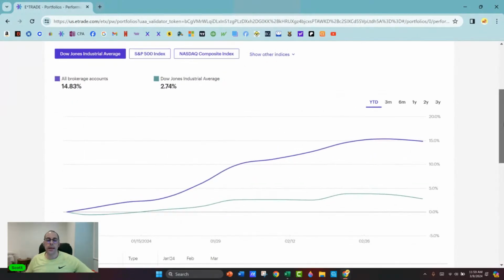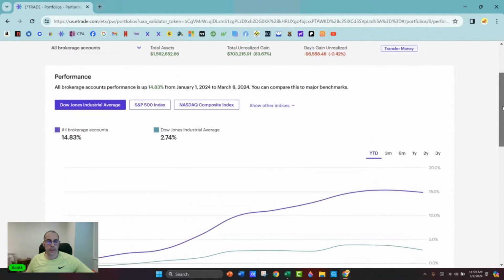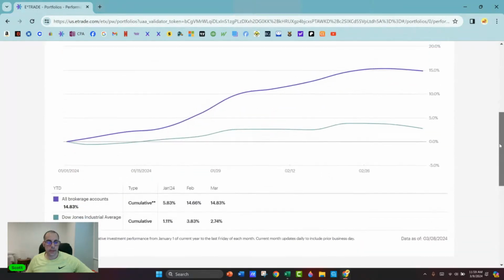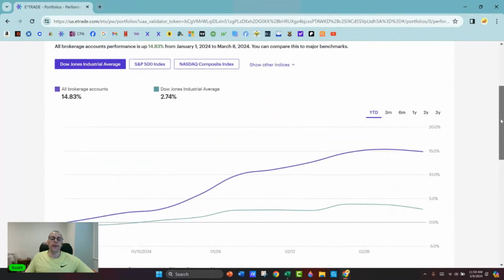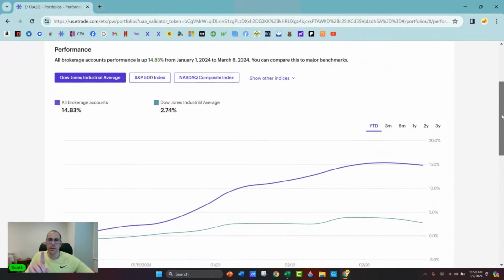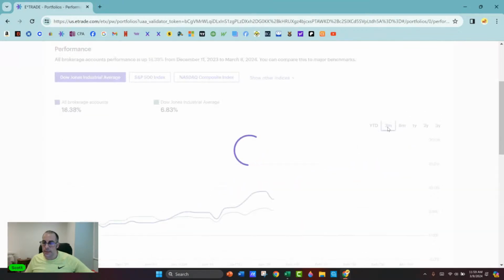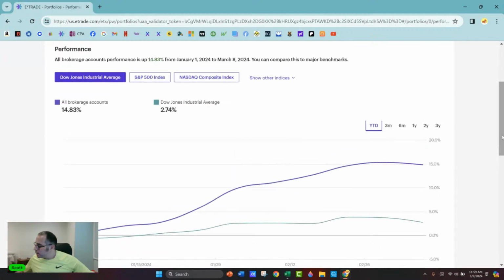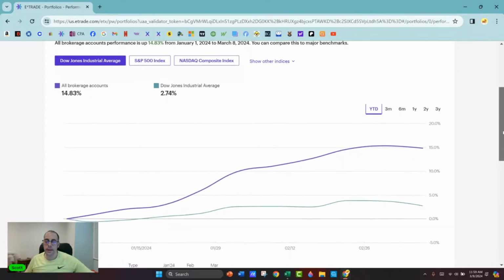So year to date, okay, this is all my accounts. I have one account that's up like 150% because it's only invested in one stock, Nubank. So year to date, it's less than 3 months so far, only 9 weeks.